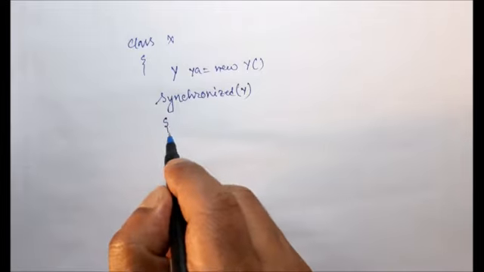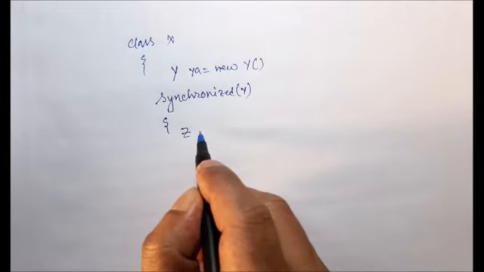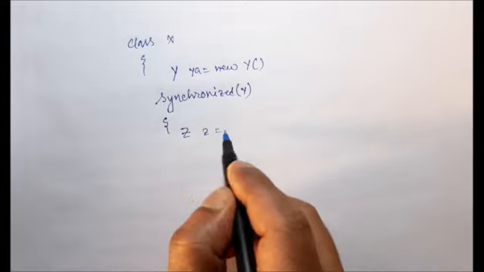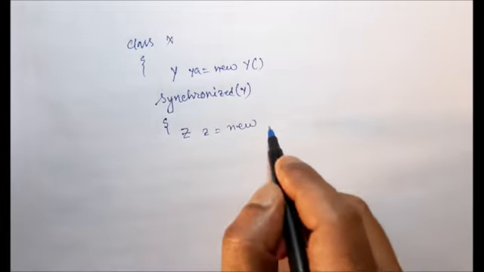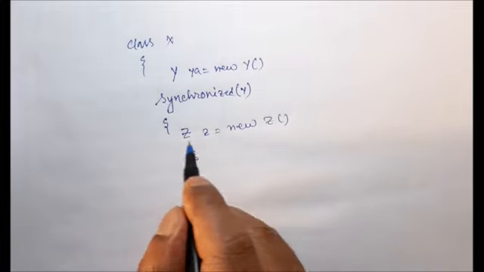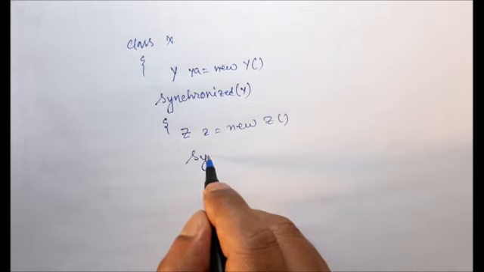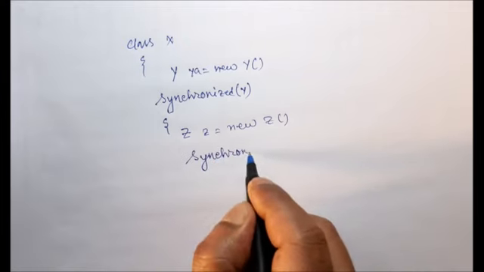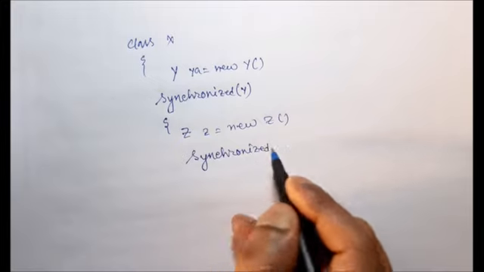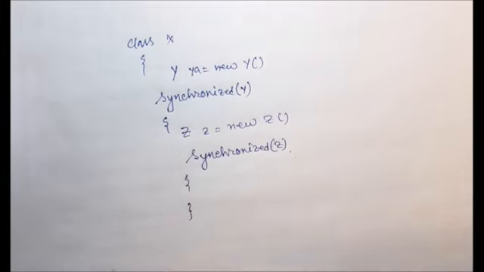And within that, suppose I want to create a new object z, small z equal to new Z. Then we have another synchronized block, synchronized on z, on this object. So let me close this synchronized block, and let me close this method also.